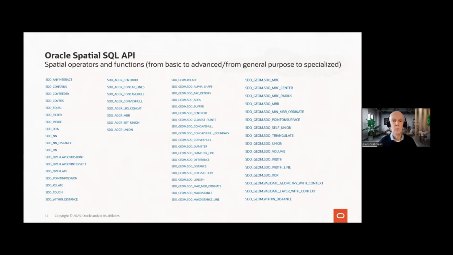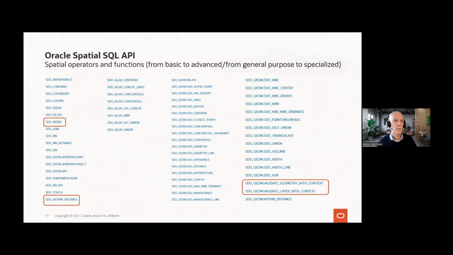So there's a bunch of operators and functions that help you do this. Functions and operators to, for example, determine spatial relationships, right? Proximity, containment, and so on. Functions for aggregation, for performing all kinds of computations like distances and areas, or computing the buffer around a given geometry, and so on.